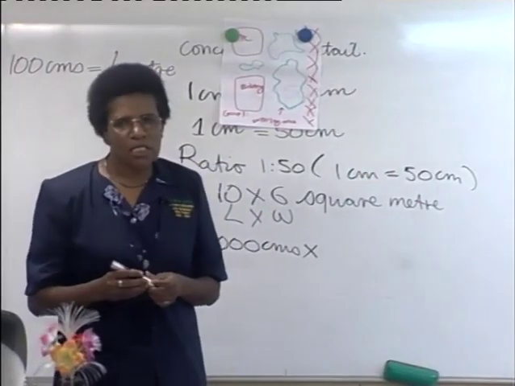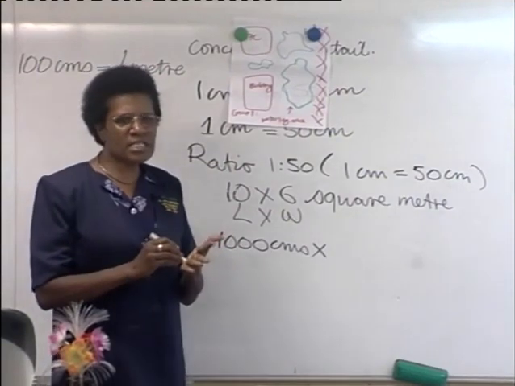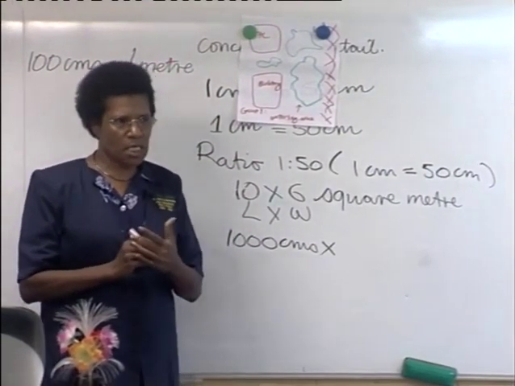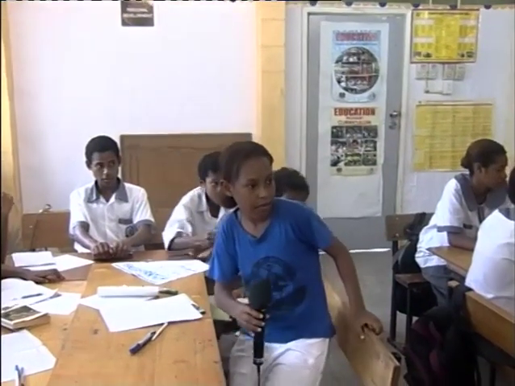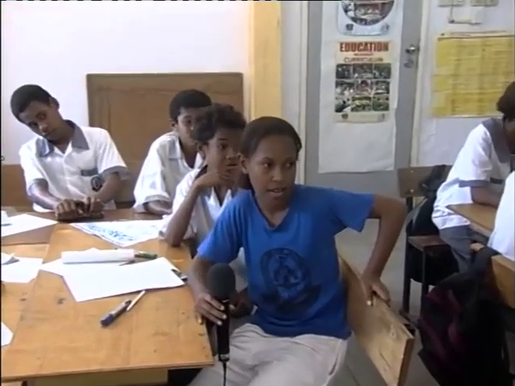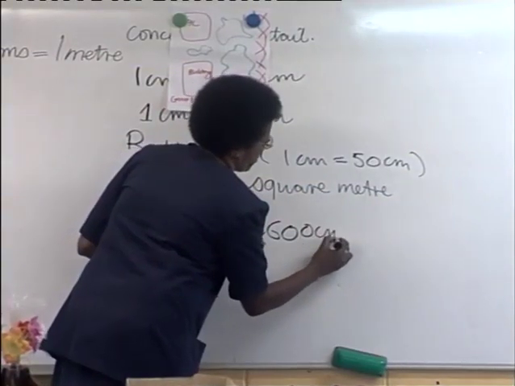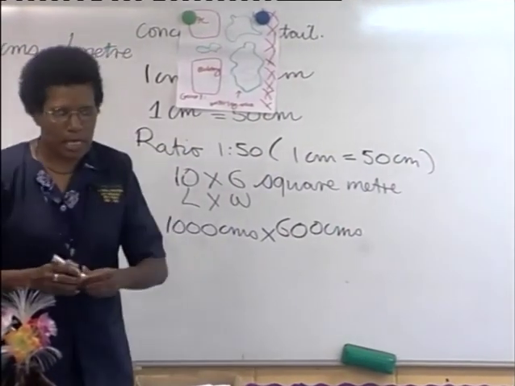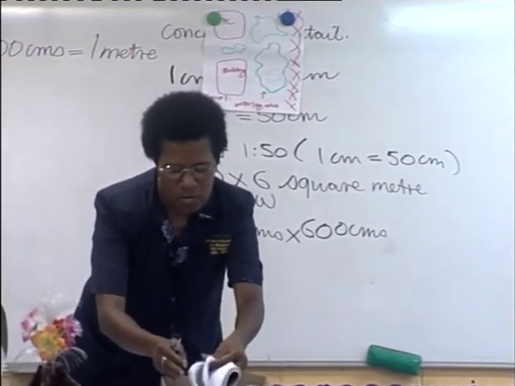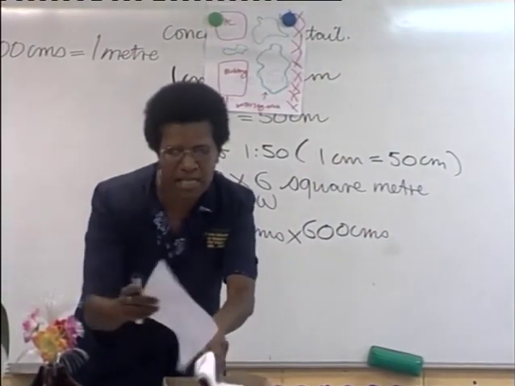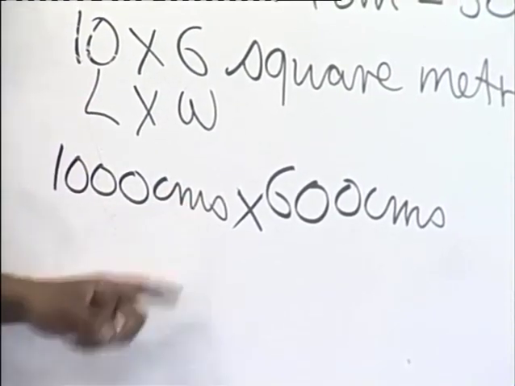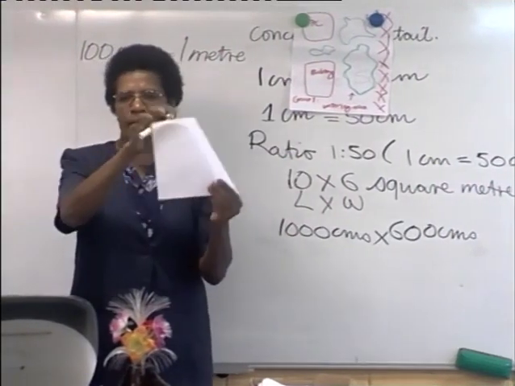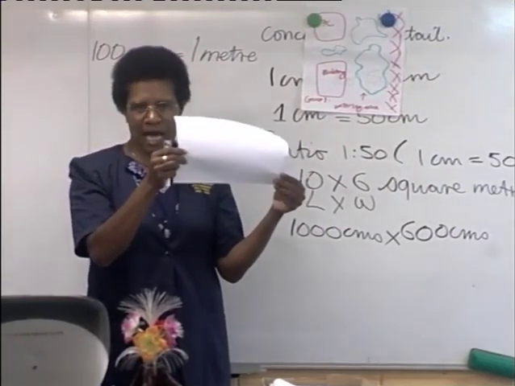Okay? Now, the 6 meters will be how many centimeters? Yes, Hayano? 600. Good. Now, can we fit this 1,000 centimeters on this paper? No, we can't.